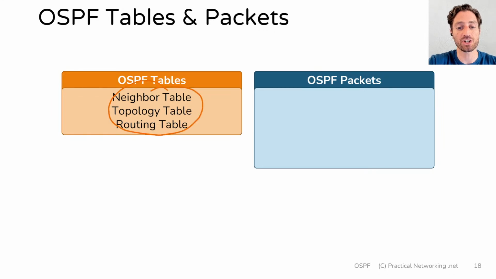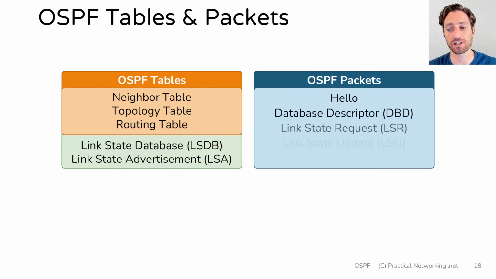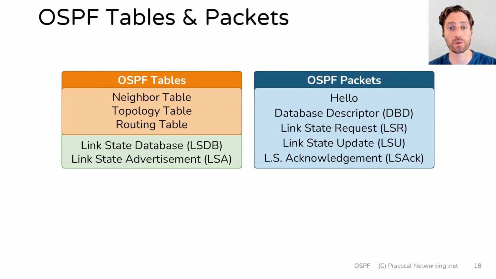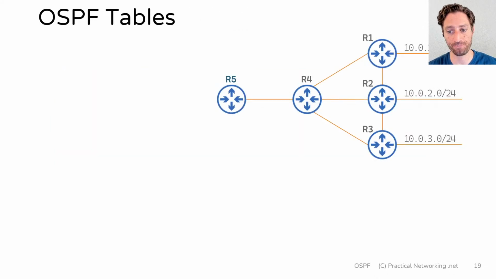We're also going to be looking at 2 other very important OSPF terms, the LSDB and the LSAs. Again, we'll talk about those shortly. And then finally, there are 5 packets that OSPF uses to do all of its communication, and within those 5 packets is everything that OSPF does insofar as what routers will communicate with each other. So with that said, let's get right into talking about the OSPF tables.